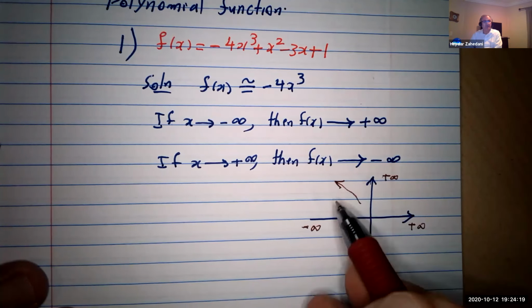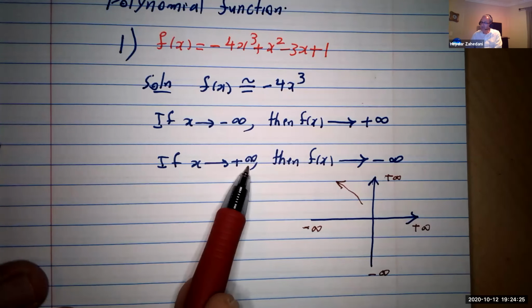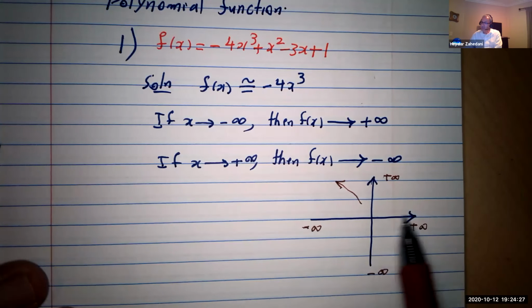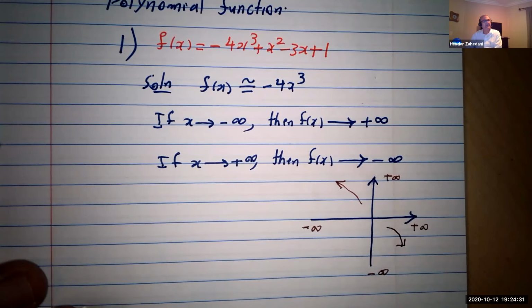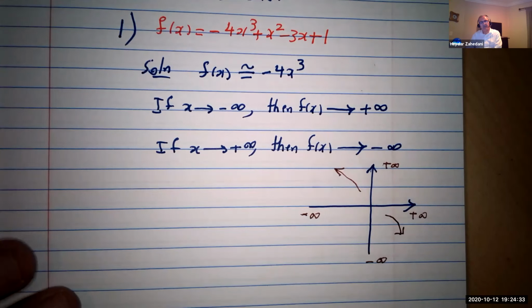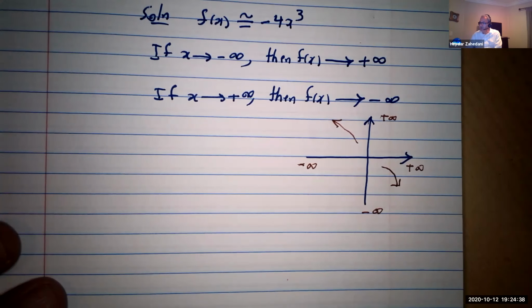Say it rises to the left. And when x goes to positive infinity, f of x is negative infinity, so it's going to fall to the right. So that gives an indication of what would happen for the graph of the function. Any question?